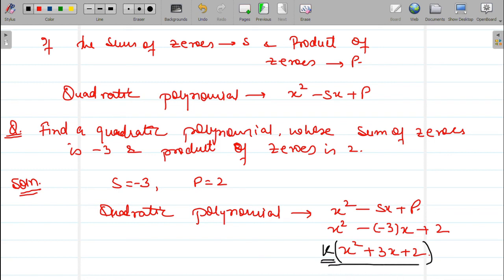So this is the required polynomial. So in this case, I can have infinite number of values of k, k equal to any real number. For infinite values of k, we can have infinite number of polynomials possible with sum of zeros as minus 3 and product of zeros as 2. Remember this thing. Thank you.